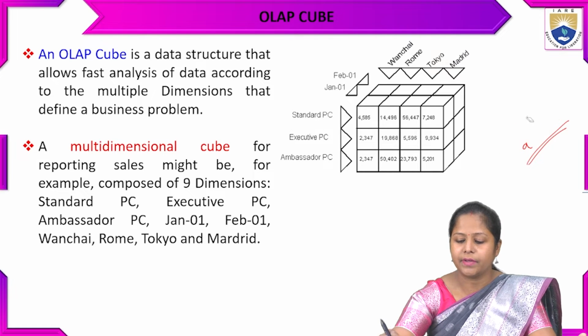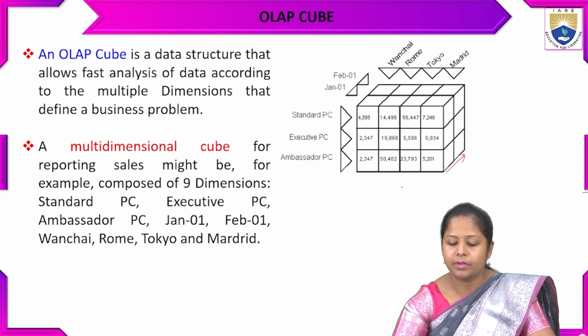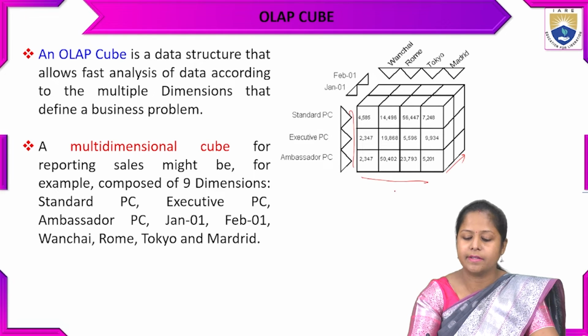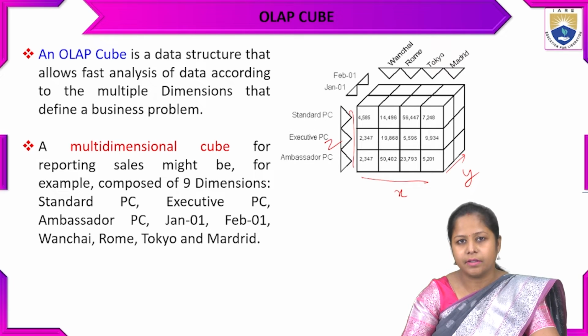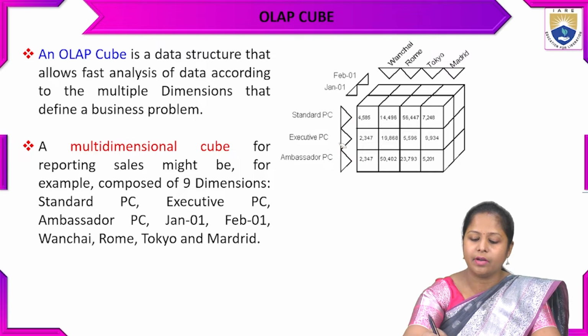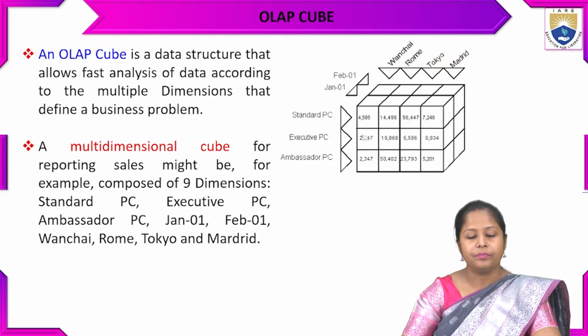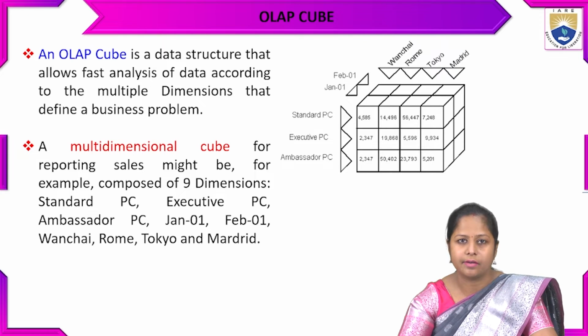In this figure we can see the 3D data cube, right? This is the x-axis, this is the y-axis, and this is the z-axis. So this is a data cube that has 3 dimensions.